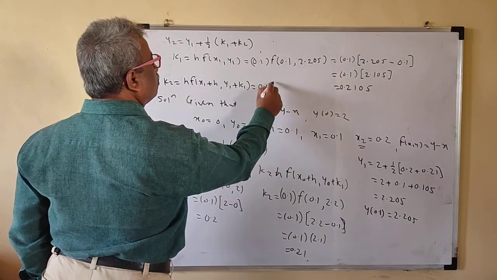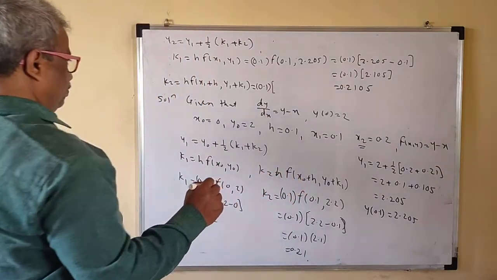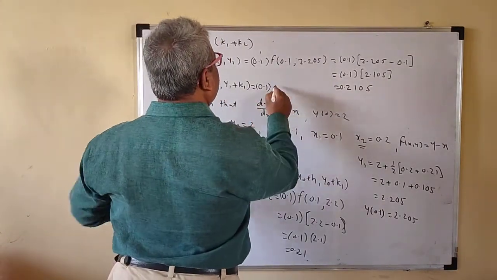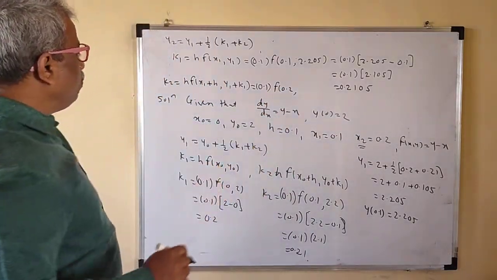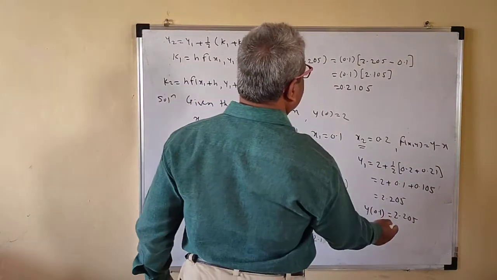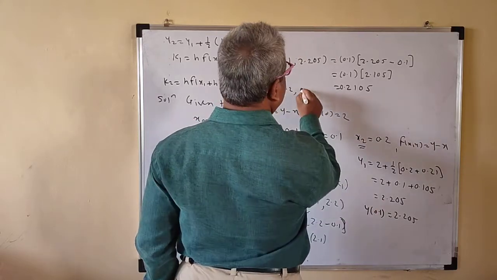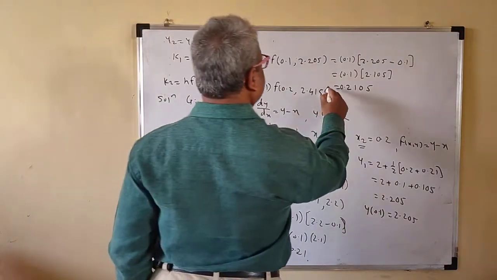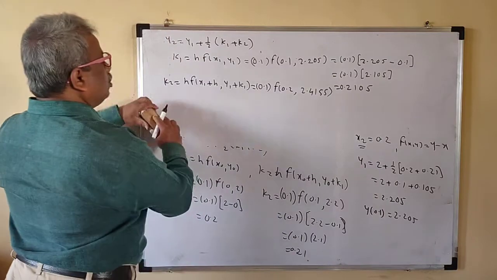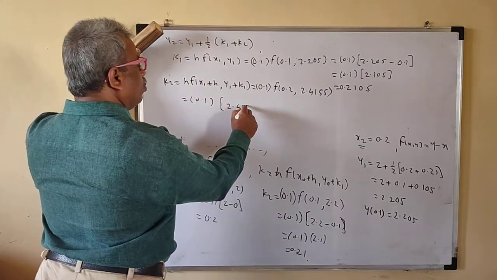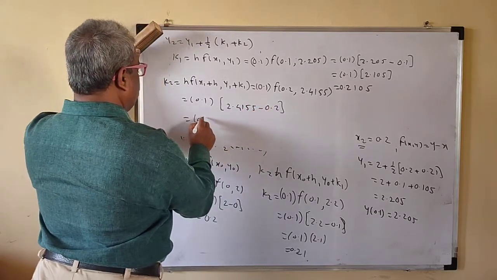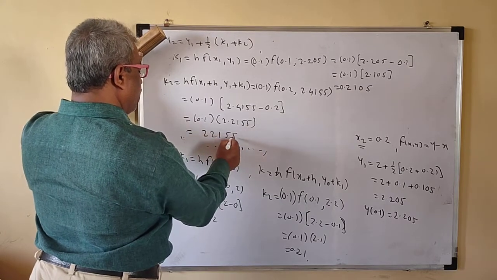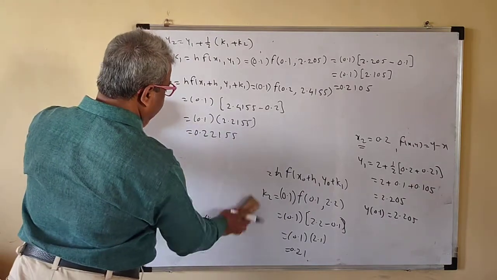So 0.1 into f of 0.2, y1 plus k1, which is 2.4155. So this is 0.1 into 2.4155 minus 0.2, so 0.1 into 2.2155. The product is 22155, and you have to leave the last 5, so this is 0.2215. You get k1 and k2.